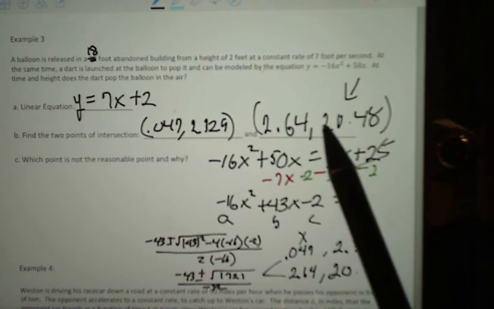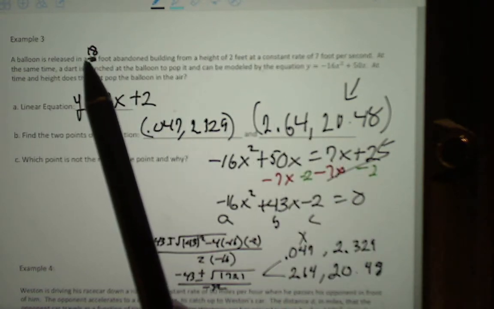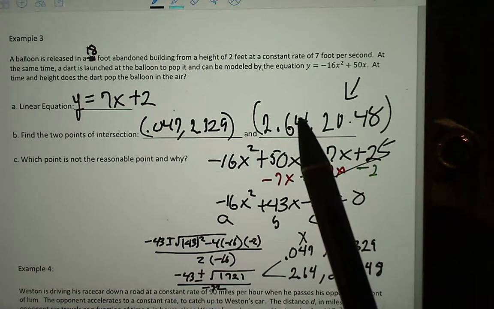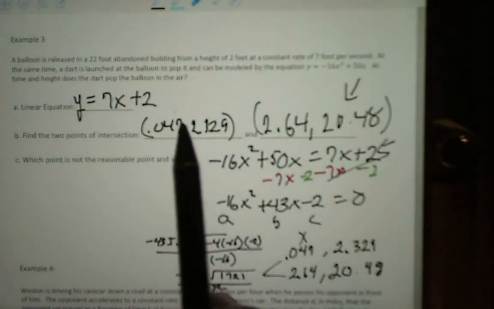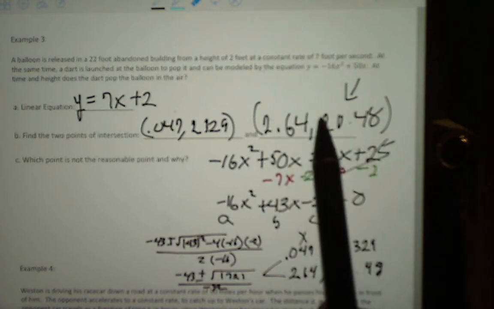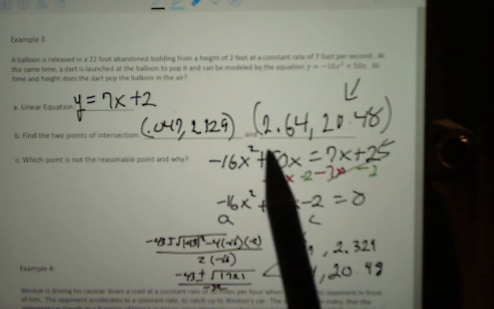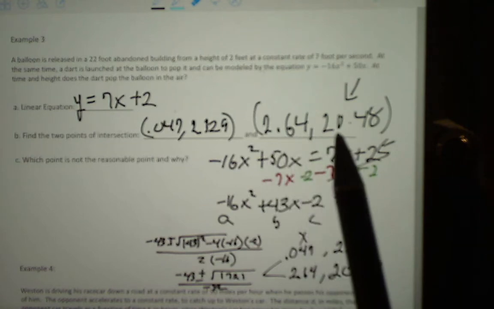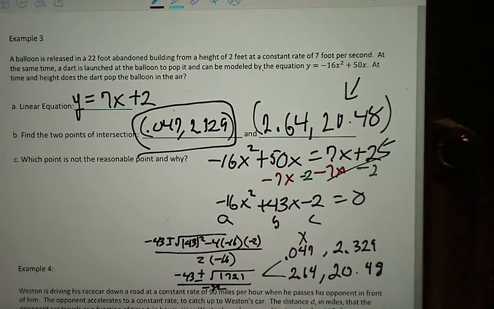Well, now the other thing you can also argue with this is that even if this was a 22-foot building, this answer would also not make sense for the simple reason that if the balloon pops here, this point never actually occurs by that logic. So either way you look at it, this first point is the only one that actually makes sense in terms of the situation itself.